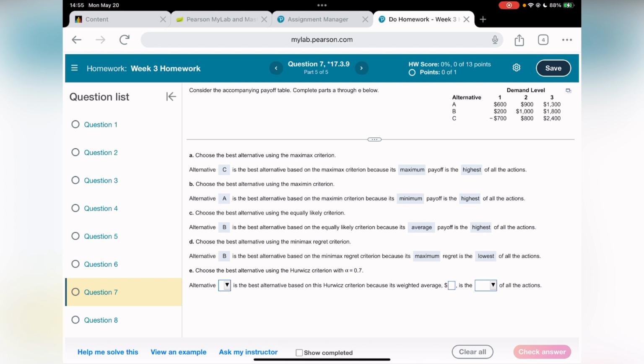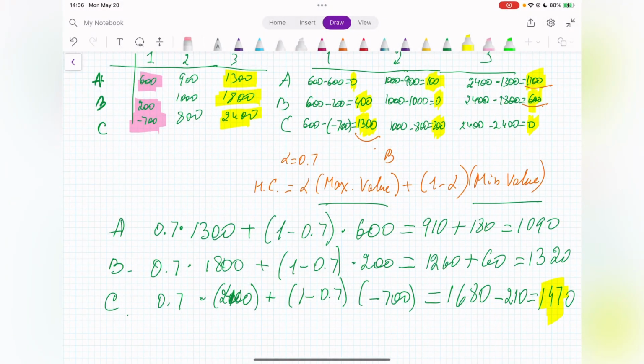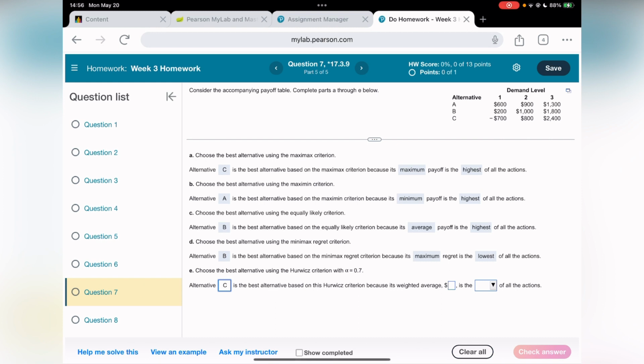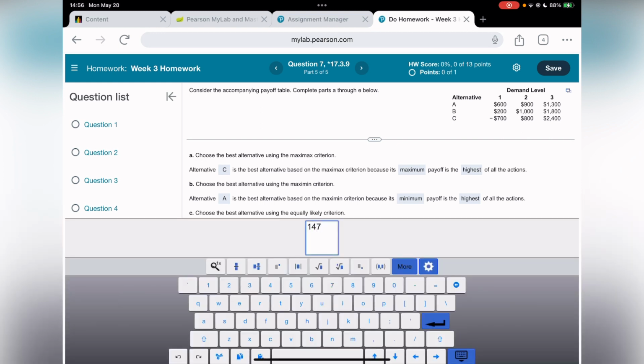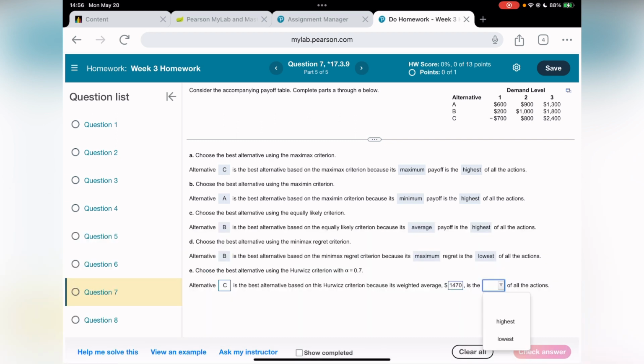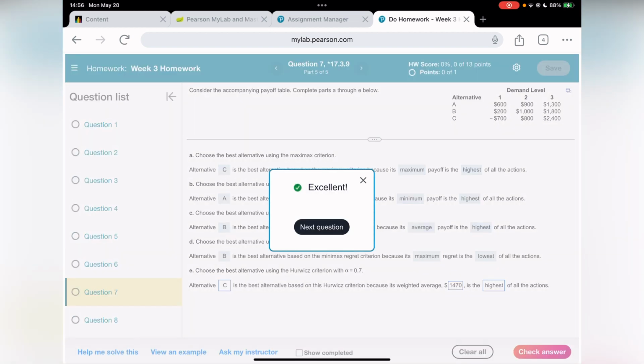Alternative C is the best alternative based on the Hurwitz criterion, because the weighted average, how much did we get? 1470, is the highest one. Okay, excellent.